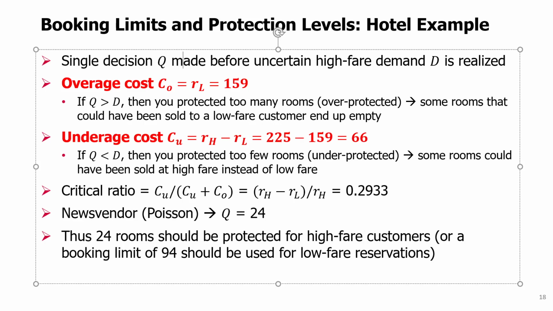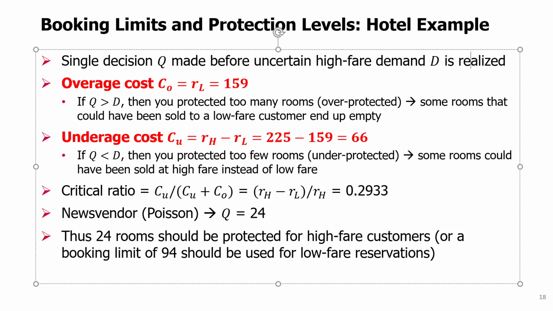So the main observation now is that we have a single decision, Q, which is protecting a number of rooms for high fare customers that has to be made ahead of time before the uncertain demand for those high fare customers, for the business travelers, D, is realized.